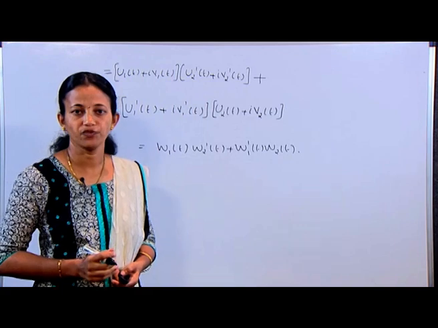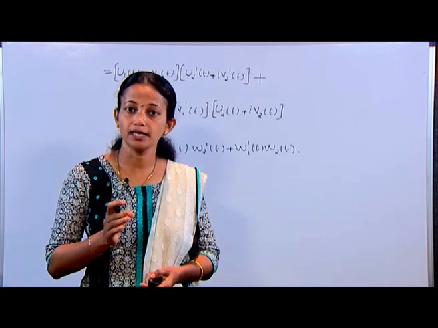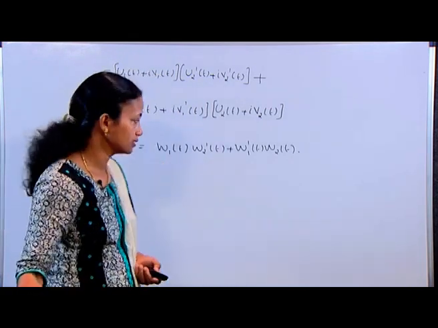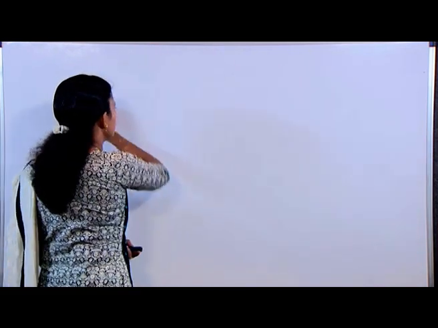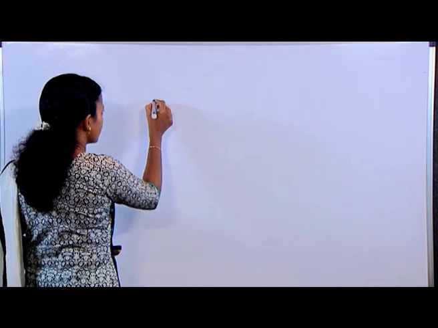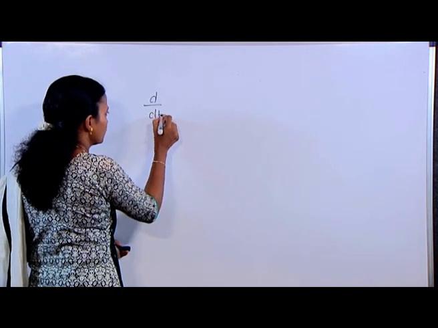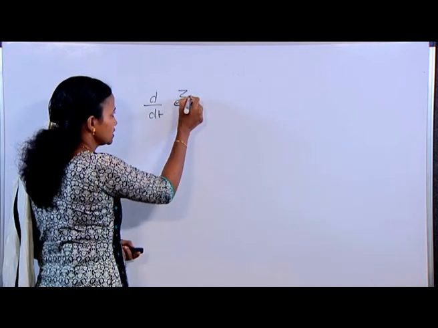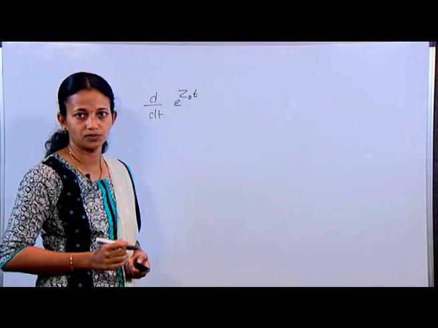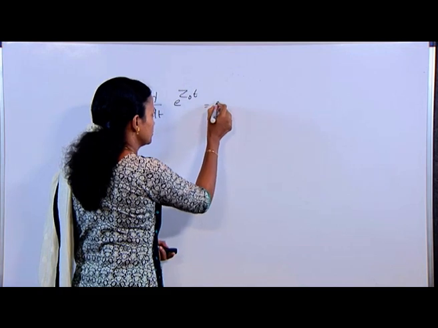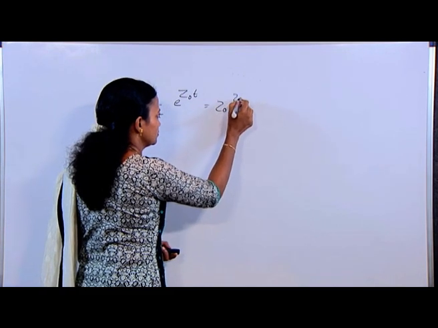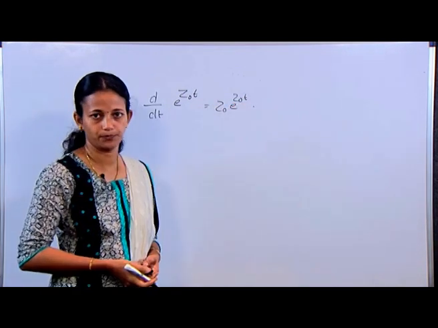Next theorem, we have d/dt of e raised to z0 t, that is, the derivative d/dt of e^(z0 t) is equal to z0 e^(z0 t). This we have to prove.